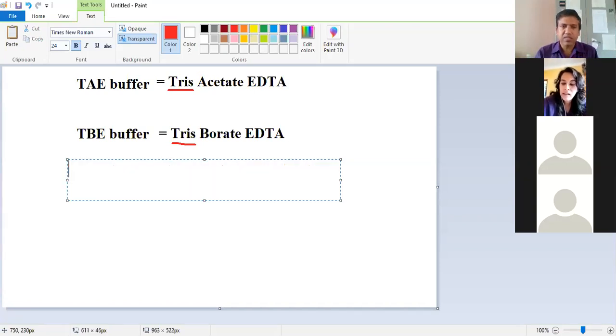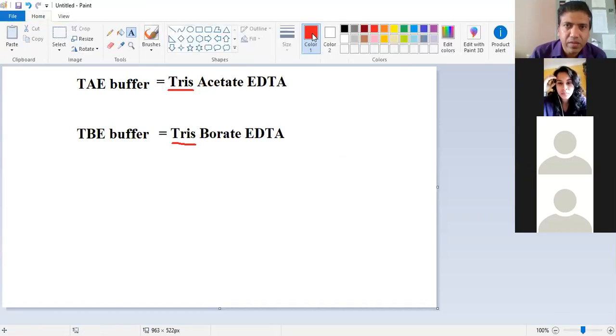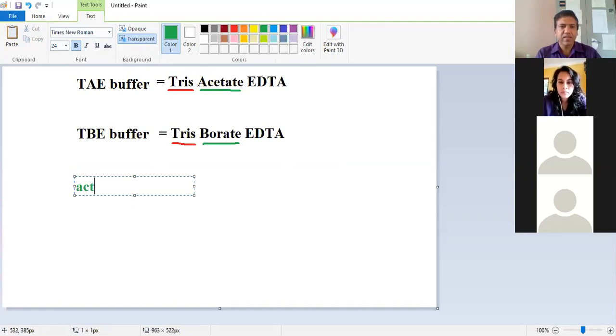Now the second thing that we are going to discuss is the acetate or borate. What is their function? These two components act as electrolyte, because we have already discussed that to run an electrophoresis you should have an electrolyte solution.